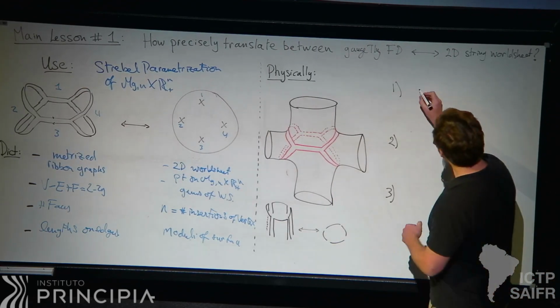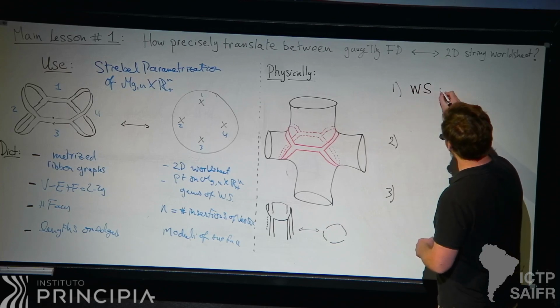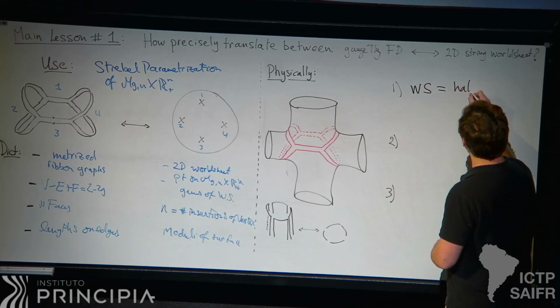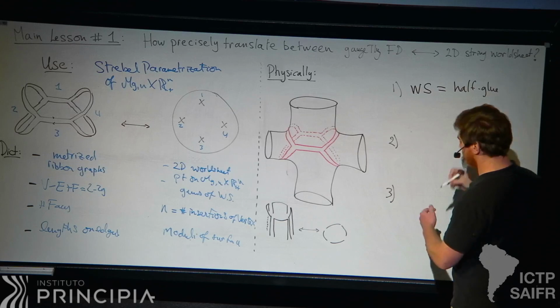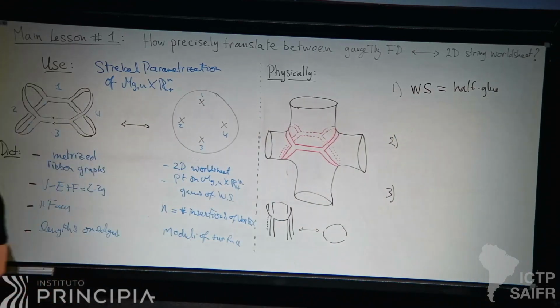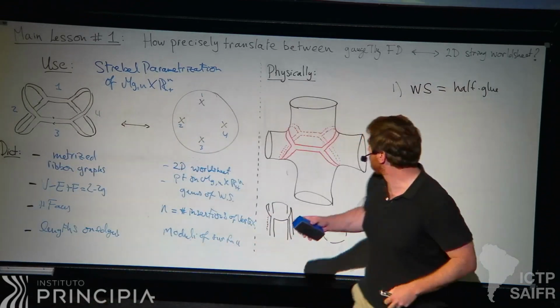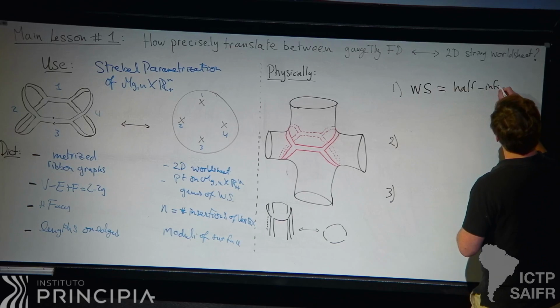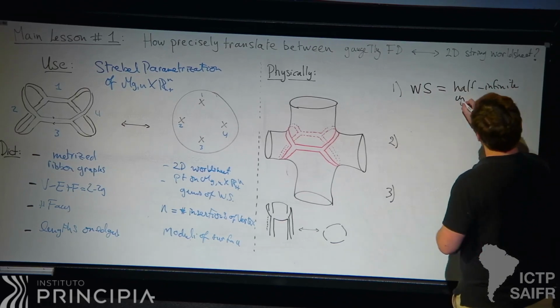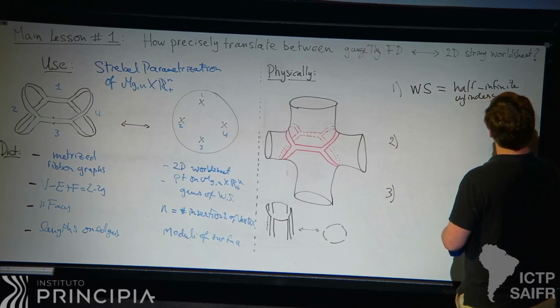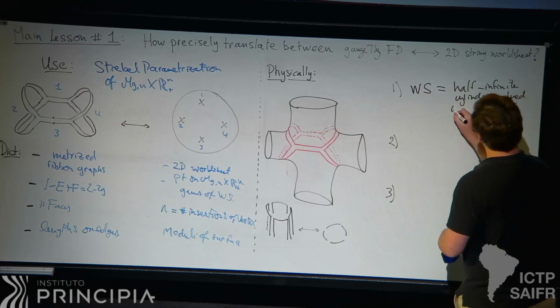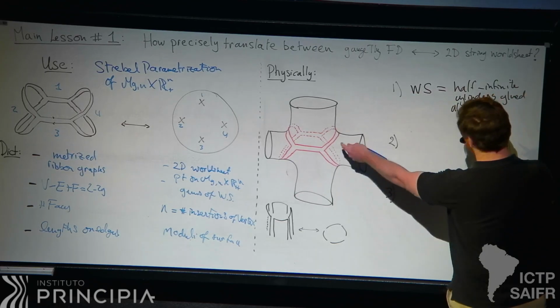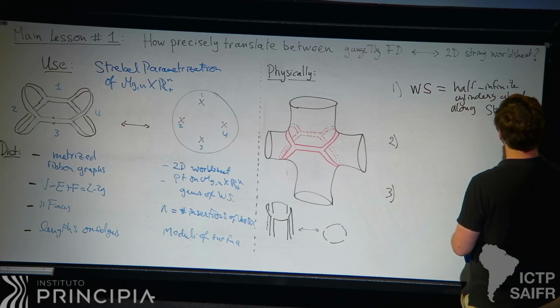Well, essentially what it does is that it's writing down the world sheet as a bunch of half-infinite cylinders that are just glued together in a particular way, and they're glued along what is called the Strebel graph.